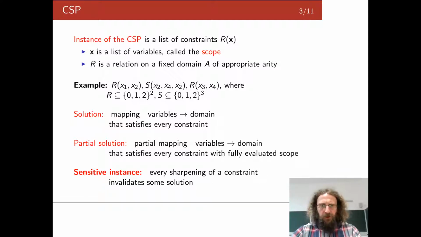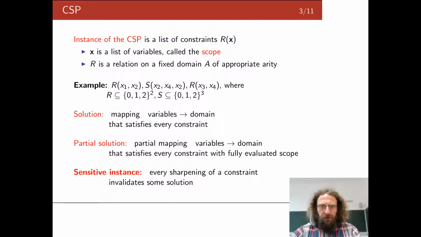A solution to such an instance is a mapping assigning domain elements to variables that satisfies all the constraints. For example, if we evaluate x1 and x2, we get a pair which must be in the relation R. A partial solution is a partial mapping satisfying the same properties.